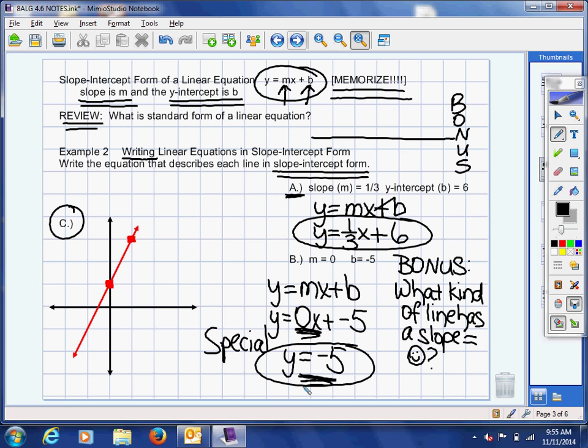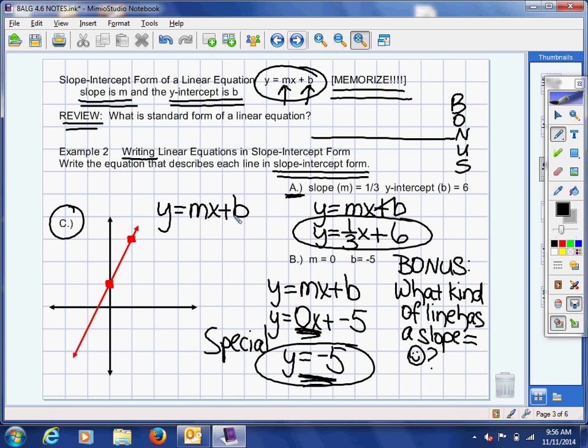C is very interesting because this time they gave us a graph, and from the graph we want to glean information so that we can write an equation in slope-intercept form. So practice writing slope-intercept form. There it is. Very good. And then let's find the things that we do know.